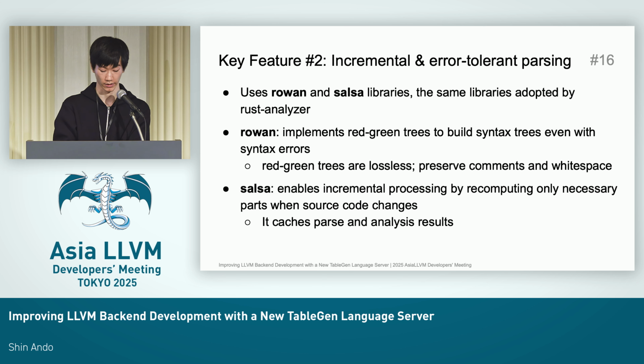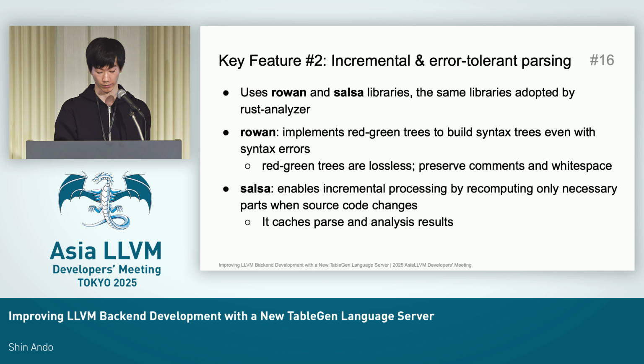The second feature is our implementation of incremental and error-tolerant parsing. For implementation, I use the Rowan and Salsa libraries adopted by Rust Analyzer. Rowan is a library for implementing red-green trees, which allows us to construct syntax trees even for code containing syntax errors.